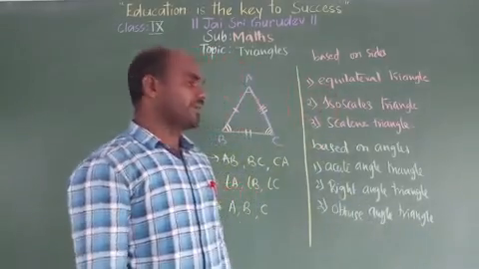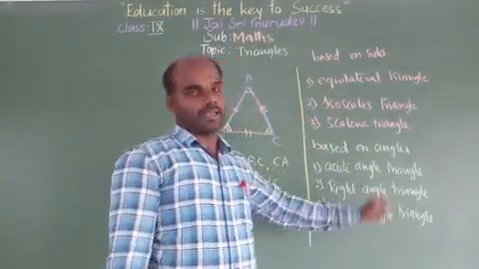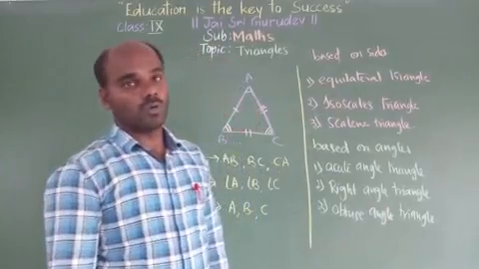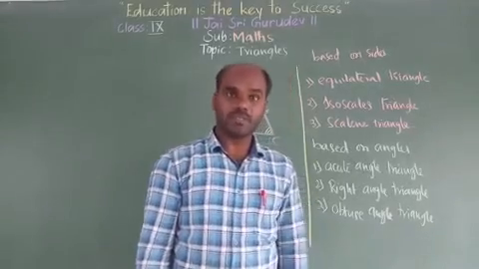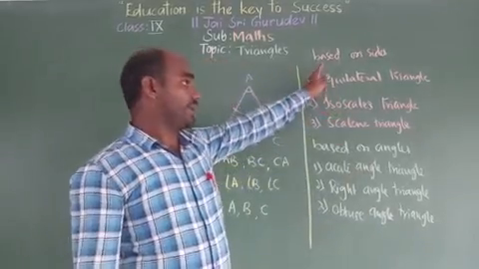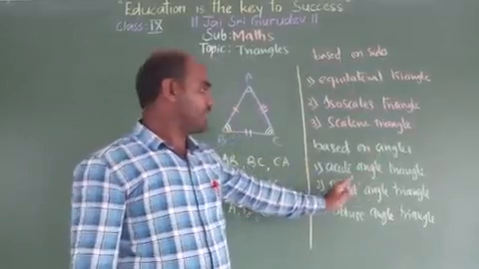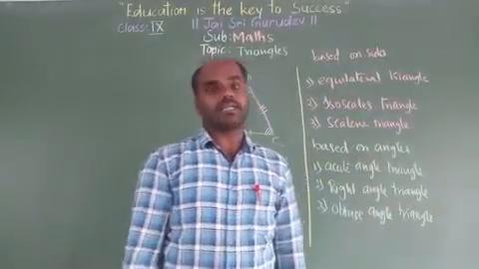Yes, so these are based on the angles. So totally there are 6 types of triangles: based on the sides 3 types, based on the angles 3 types.